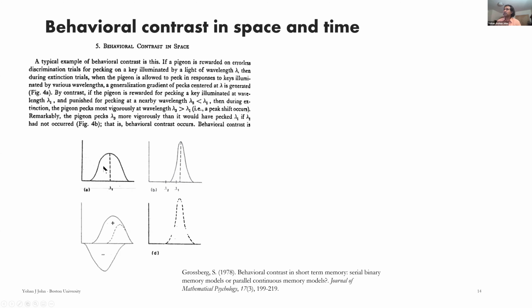So if this is the original positive association around the wavelength space, and then there's a negative association that's built, if you were to just subtract, you would get part of the answer, which is that the peak response shifts, but you wouldn't get the fact that the response is even higher than normal.